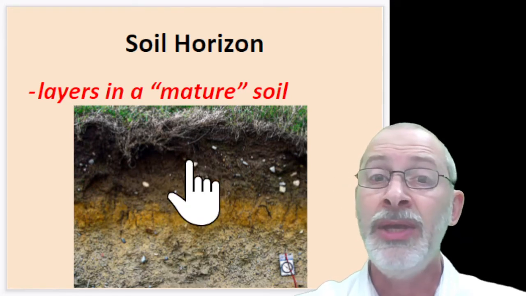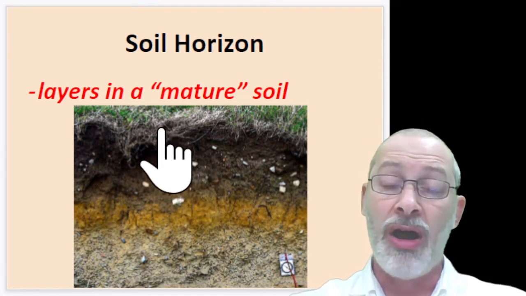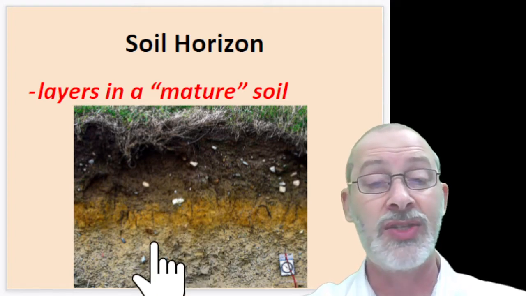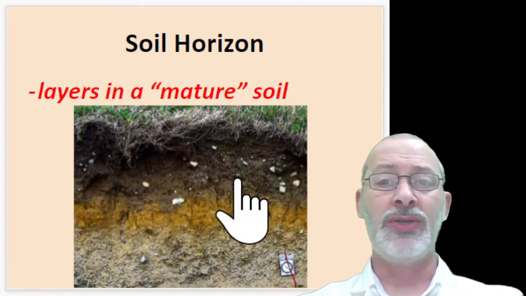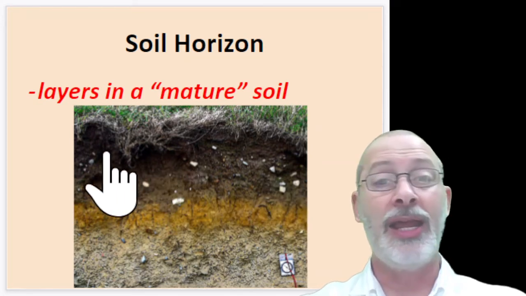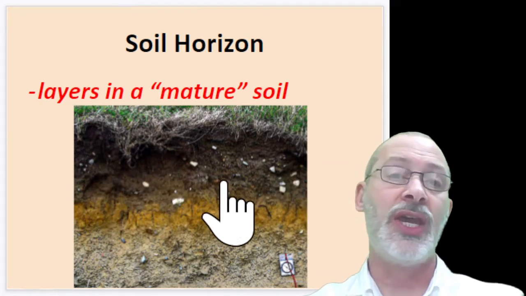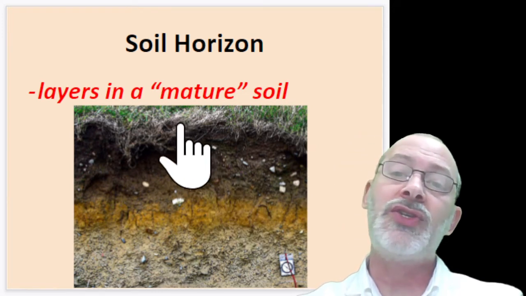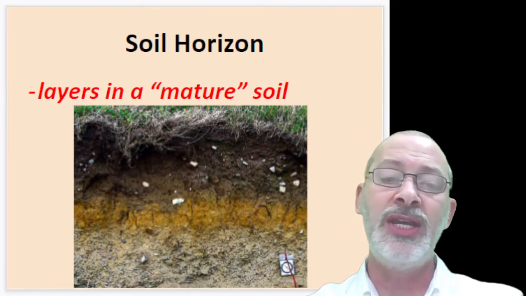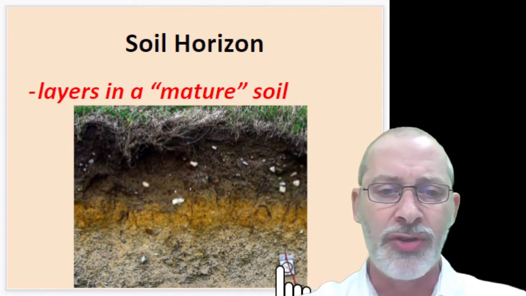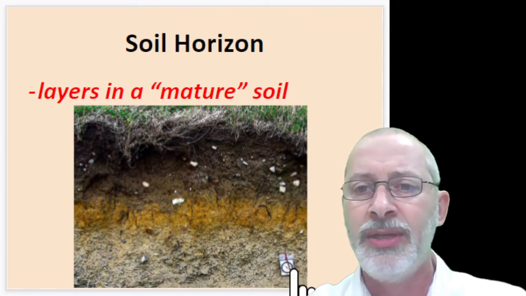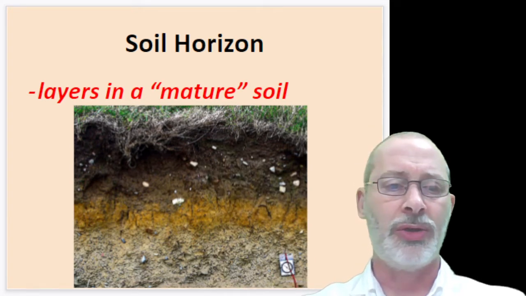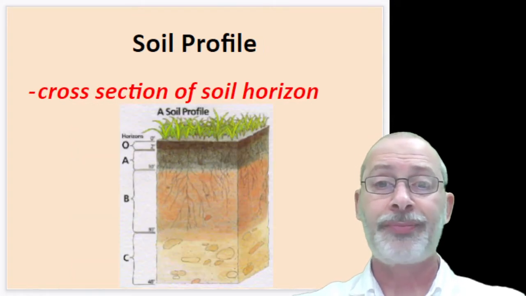And you can see in this picture here, there are distinct layers, what we call in soil science horizons, because they typically are flat and horizontal, just like the horizon when you see the sunrise or the sunset. But these soil horizons are distinct and noticeable. By the way, for scale here, I have my compass. There's a hand compass, so you can see how deep this particular hole has been dug.